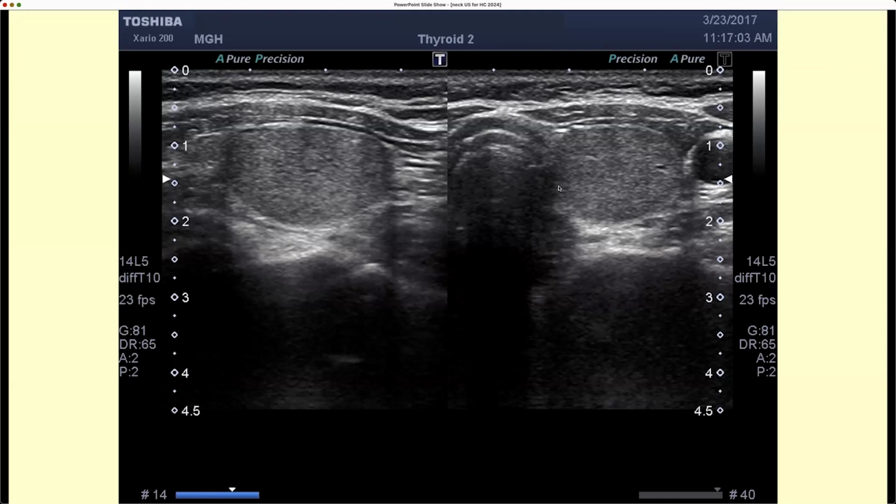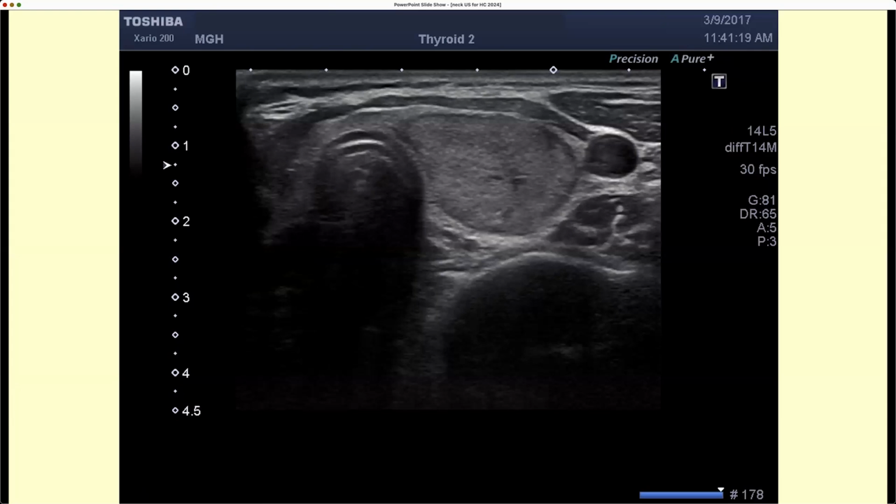So behind the trachea, you don't really see well, and that's where it becomes a little fuzzy. But I would say this is a nodule with regular margins, with the exception of that. Now, if you suspect that there might be invasion of the trachea, you can never tell, because you can't see through the trachea with the ultrasound. It is bordering the trachea for sure, but whether it's invading it or not, you can never tell on an ultrasound, unfortunately. Gotcha.